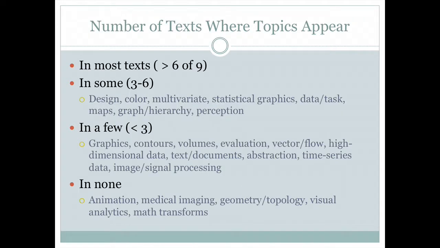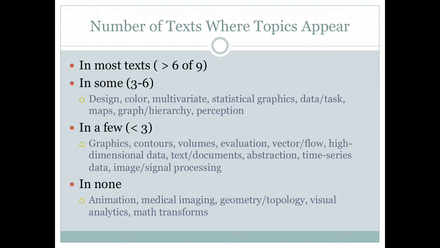Looking at the other side of that, given those topics that are potentially interesting, how many of the texts do they appear in? So what is the commonality of those topics? Of these 9 textbooks, no topics really appeared in almost all of them. The most that something appeared in was about two-thirds of those textbooks.